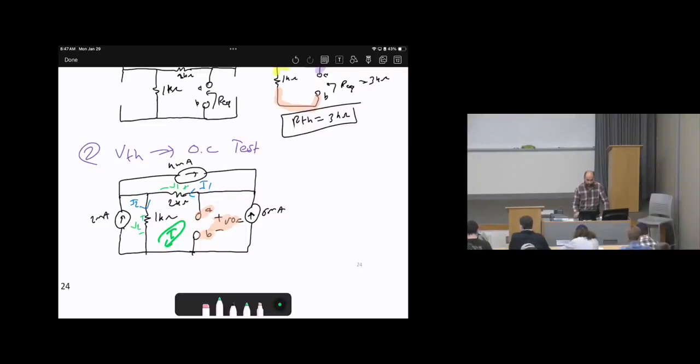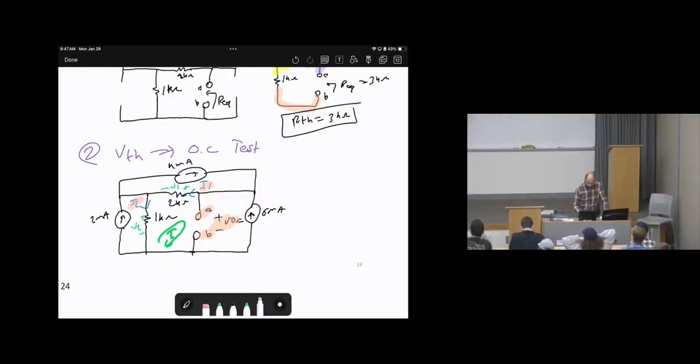If we do KVL at loop 1, V2 is unknown, V1 is unknown. How can I calculate V2 and V1? Basically try to find I1 and I2. If we know how to calculate I1 and I2, then we can calculate V1 and V2. How to calculate I1 and I2? Try to do KCLs.